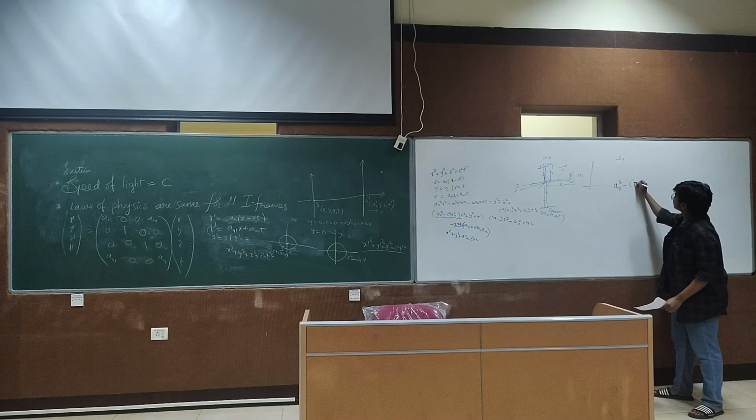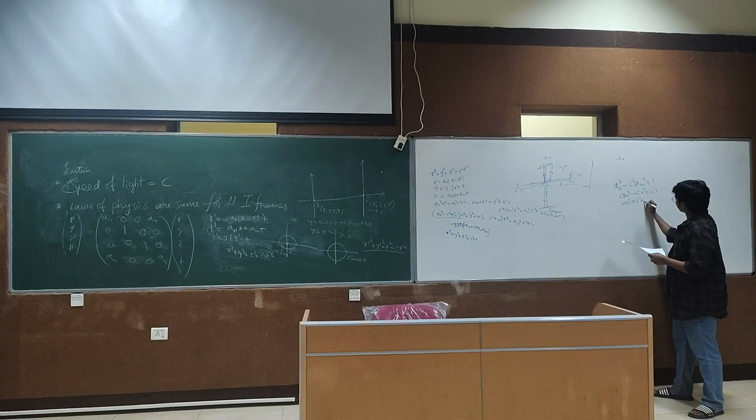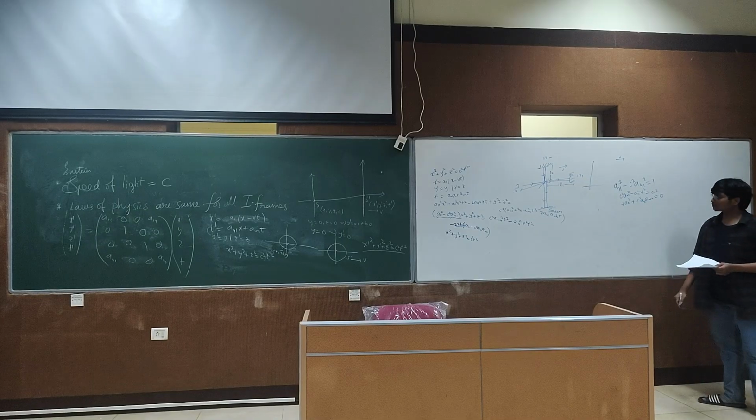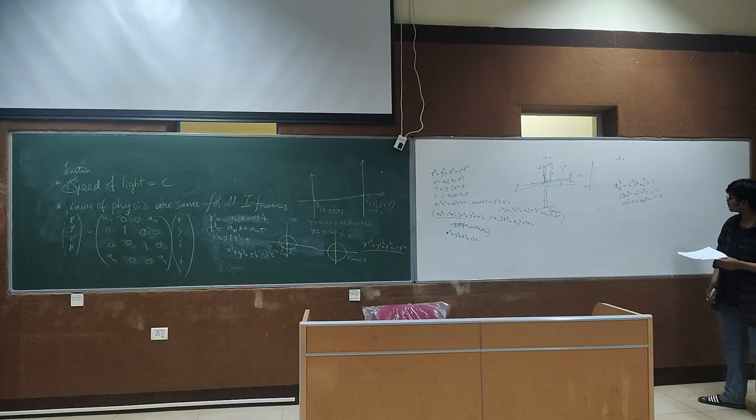a11 square minus c square a41 square equal to 1. c square a44 square minus a11 square b square equal to c square. From this, can you solve for a11, a44, a14? Three variables, three equations, you can solve.